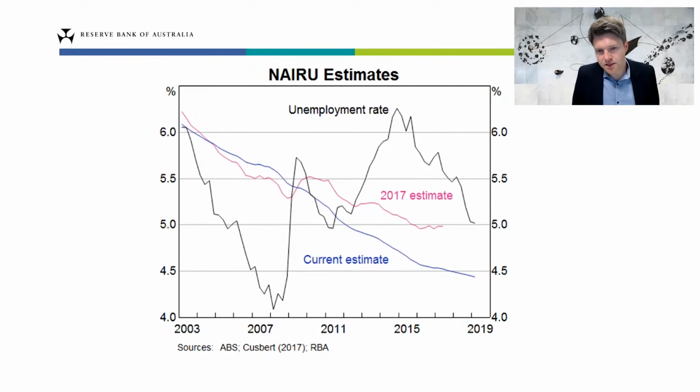Now, one source of uncertainty is that our estimates of the NAIRU can get revised over time. As new data on unemployment, wages, and inflation come in, it can change our latest estimate of the NAIRU, but it can also change our estimate of the NAIRU in the recent past. What you can see here is a graph that I stole from a speech that Lucy Ellis gave back in 2019. It shows that in 2017, our model was telling us that the NAIRU was around about 5%.